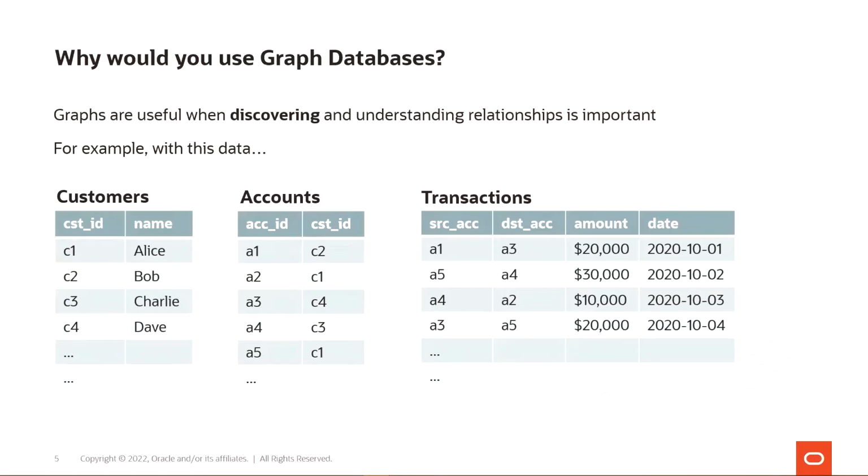For example, one of the questions would be, is there a money flow between two people, let's say two of the customers, Bob and Charlie? Or are there any clusters of transactions, which means is there a specific pattern of frequent transactions between certain accounts or customers?